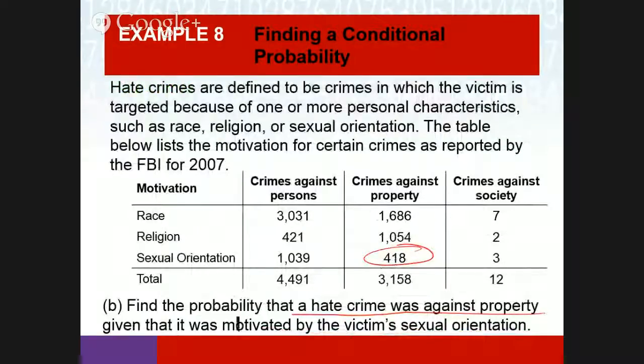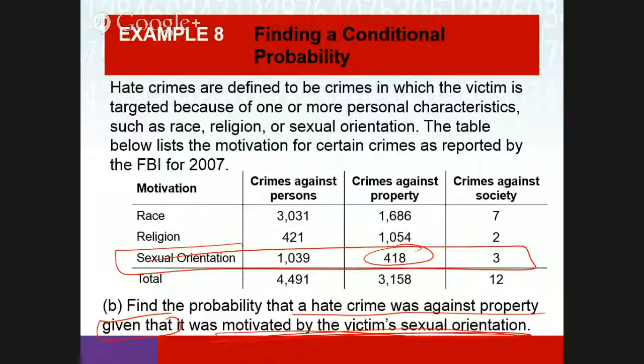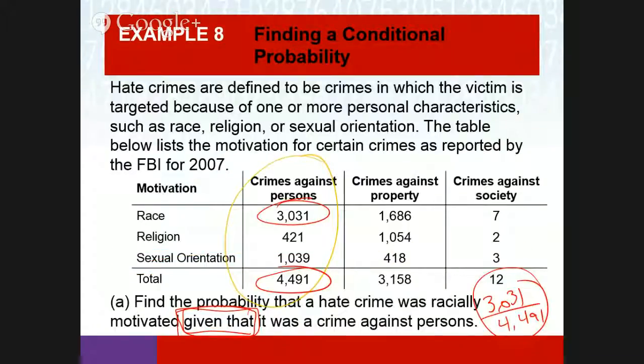The given part was that it's motivated by the victim's sexual orientation. So we're looking at this category, sexual orientation. What comes after the given that is the category you're in. Part A was saying, given that it was a crime against a person, so we're looking at the crimes against people there.